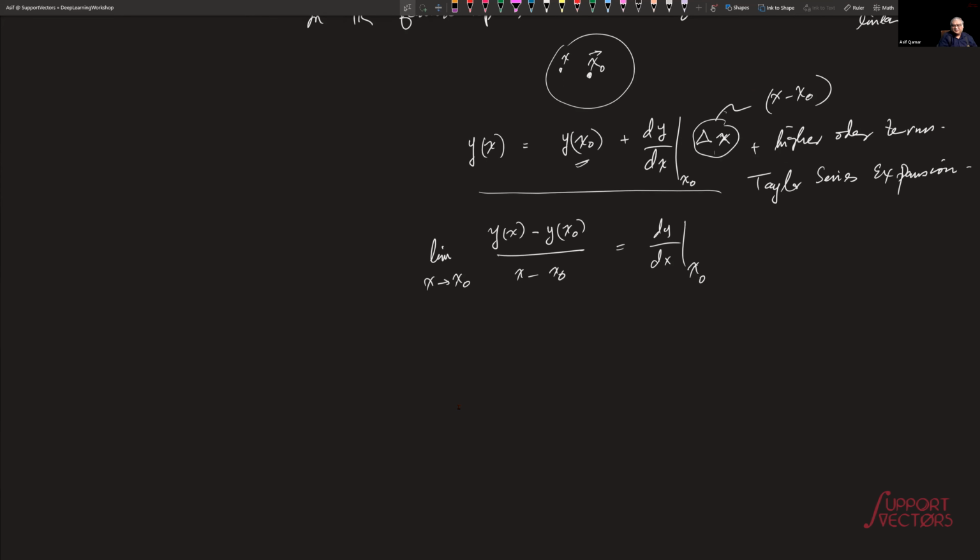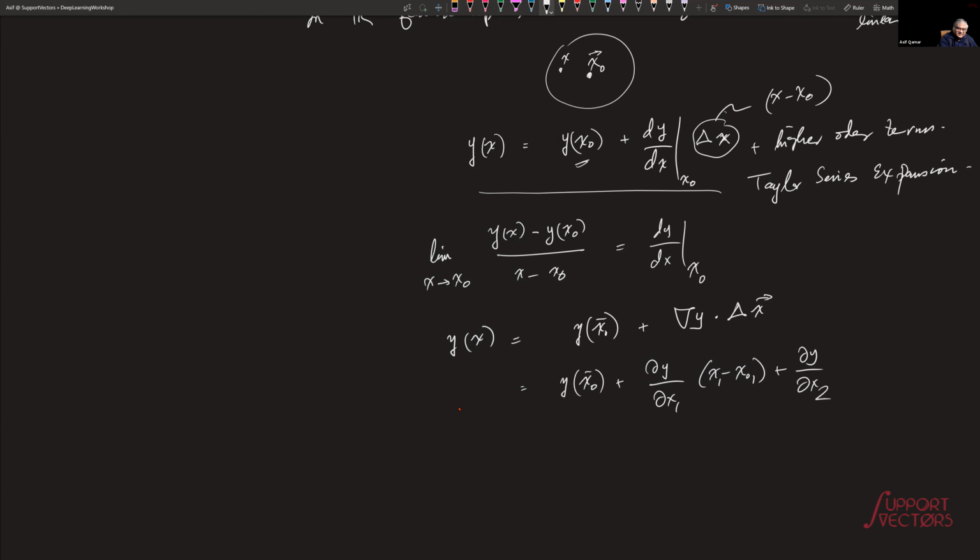So now let's generalize it to higher dimensions. What it means is y of x is equal to y of x0 as a vector plus the gradient of y times delta x. Let me expand it: y of x0 plus the gradient of y, which is dy/dx1 times x1 minus x0,1, plus dy/dx2 times x2 minus x0,2, if there are two axes.